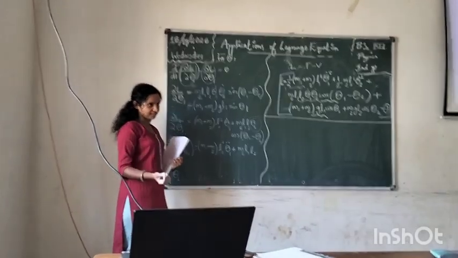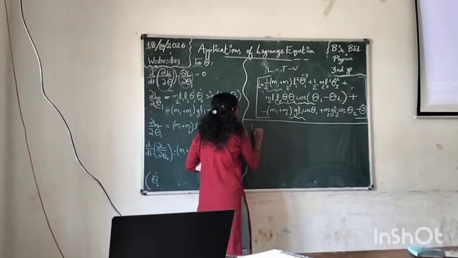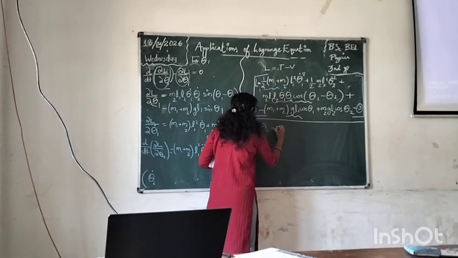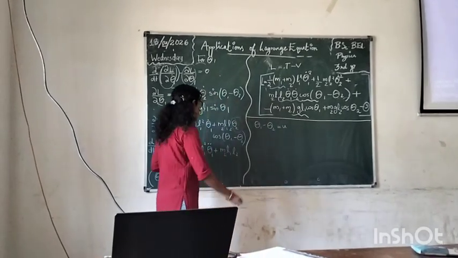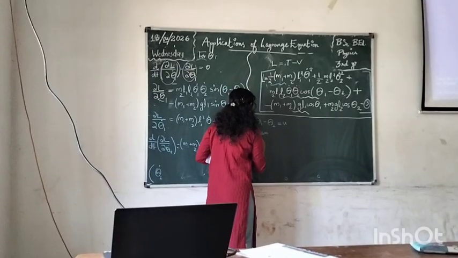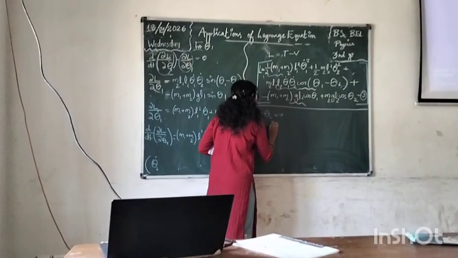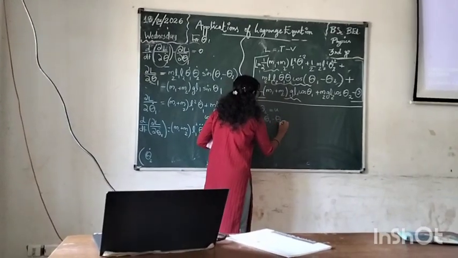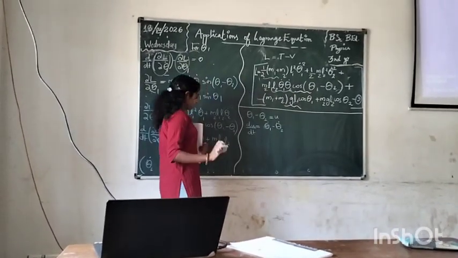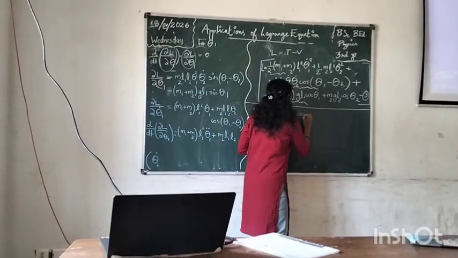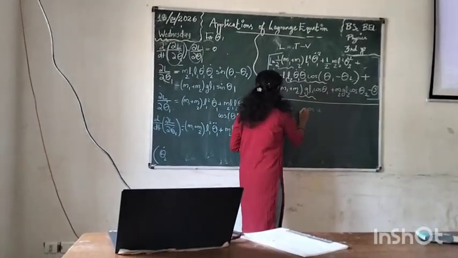So we are given theta 1 minus theta 2 is equal to u. Substitution method. So du by dt will be theta 1 dot minus theta 2 dot. And then we are finding d by dt of cos u.